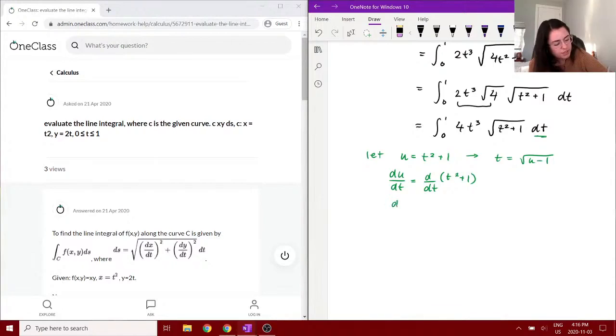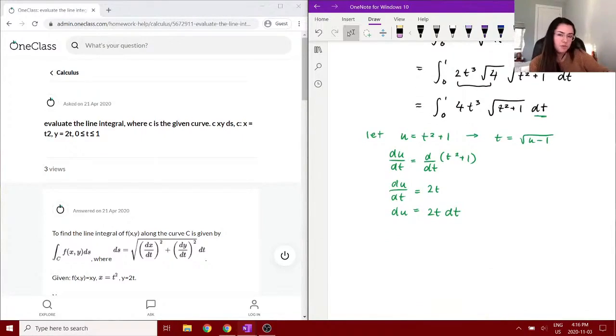We get du by dt is equal to 2t, because remember the derivative of 1 is just 0. So rearranging, we have du equals 2t dt. Okay, so we have a few different components here that we can use: we have what t is equal to, and we have what du is equal to.